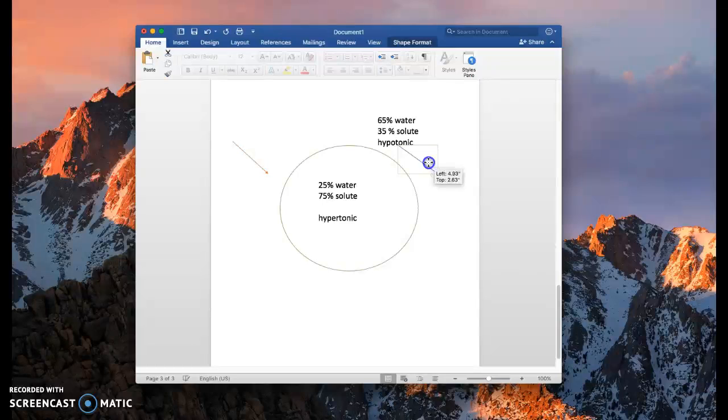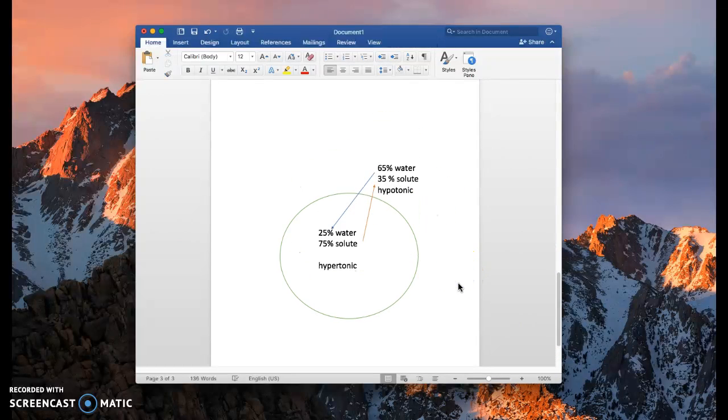Water, of course, moves from hypo to hyper, so moving from that 65% water into the 25% water. And diffusion moves the opposite way, hyper to hypotonic. 75% is greater than 35%.